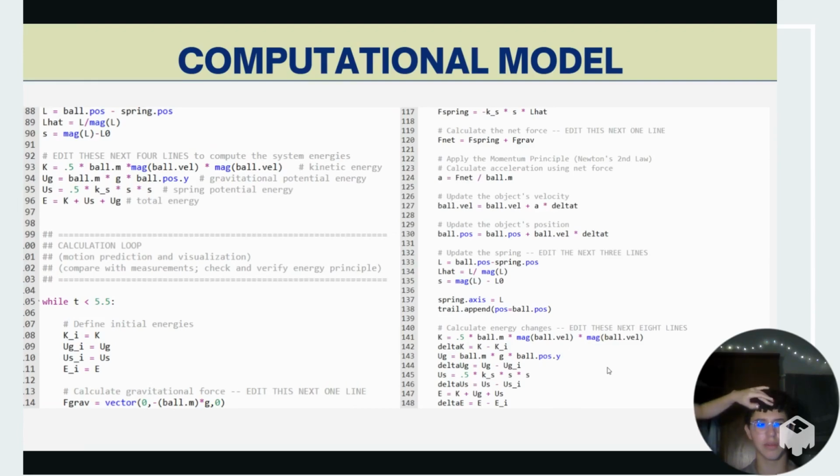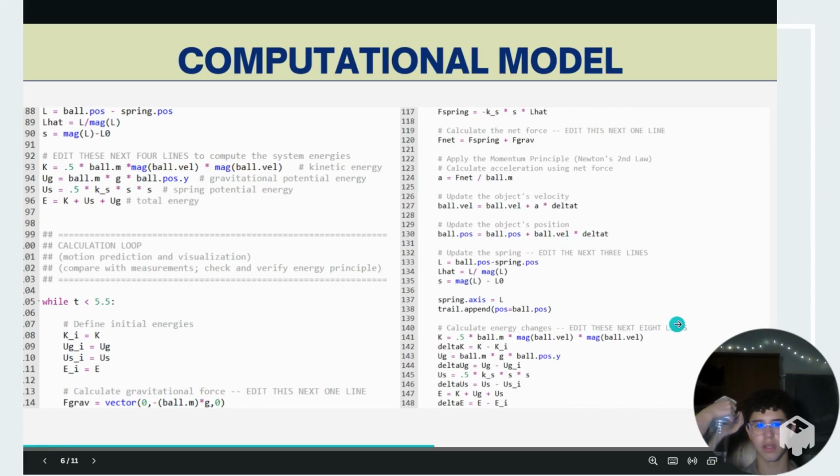And then gravitational potential energy, ball mass times gravity times ball position in the y, and spring potential energy 0.5 times ks times s squared, and E equals K plus Us plus Ug. Basically, the rest of it was just plugging in all the formulas for the values.